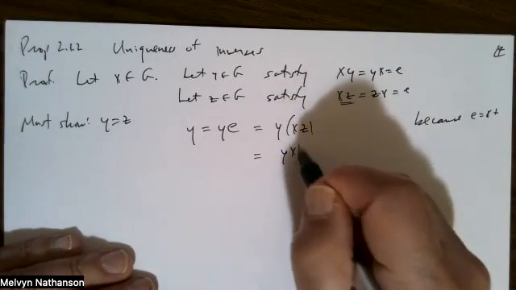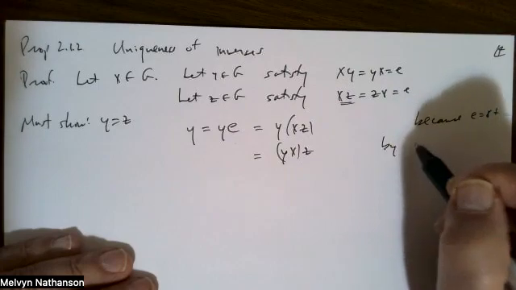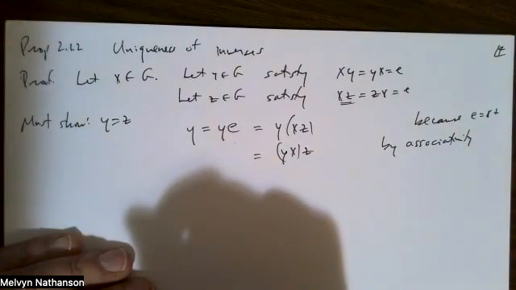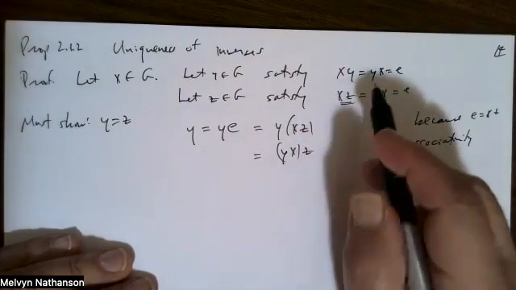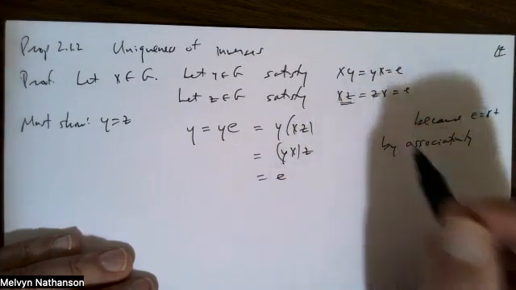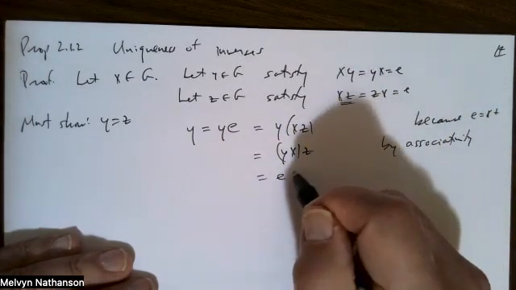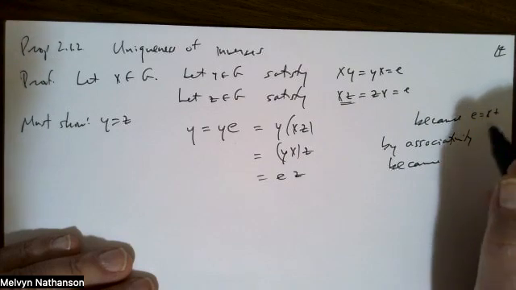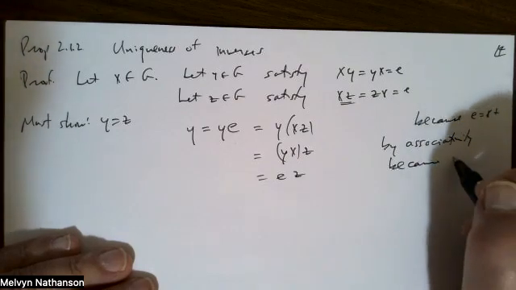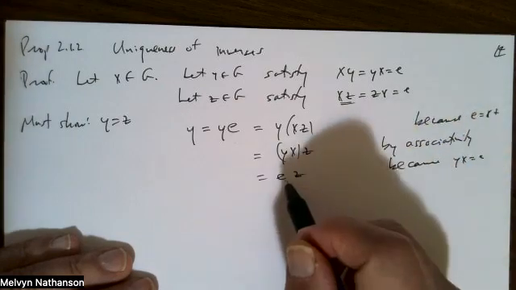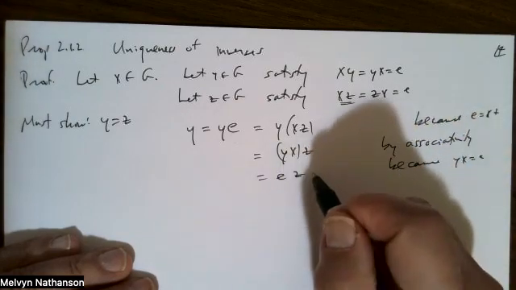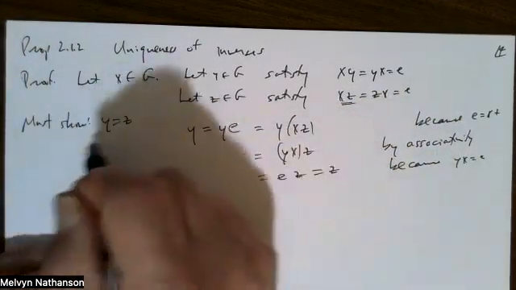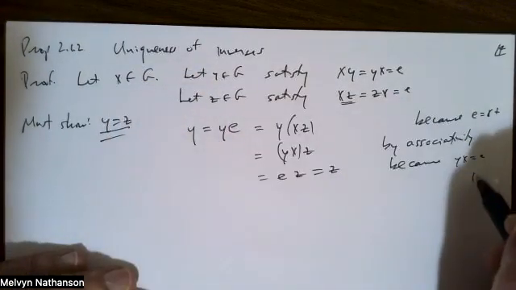And this is the same as YX times Z, by associativity. And YX is E, because, again, YX equals E. And E is the identity, so E times Z equals Z. So this equation says Y equals Z. That's the end of the proof.